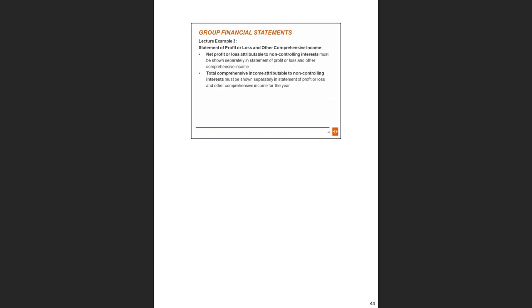So you need to show your net profit or loss attributable to your non-controlling interest, and then you'll have your other income items. Then you'll have your total comprehensive income total, and you'll show that portion which is attributable to the non-controlling interest. Okay, it sounds complicated, but it's not when we have a look at it. If there's no other comprehensive income, these figures are the same. Okay.